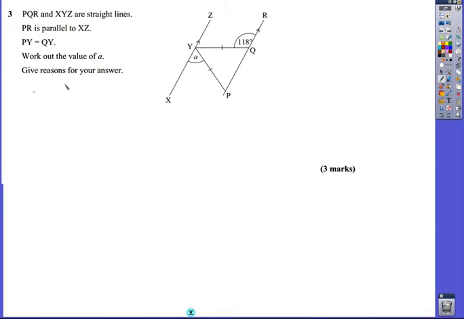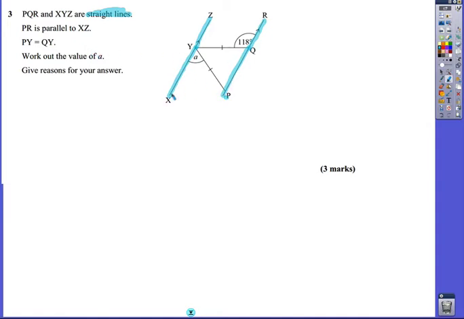Okay, moving on to question 3. PQR and XYZ are straight lines. So let's highlight PQR, XYZ. So P to Q to R and X to Y to Z are straight lines. PR is parallel to XZ.